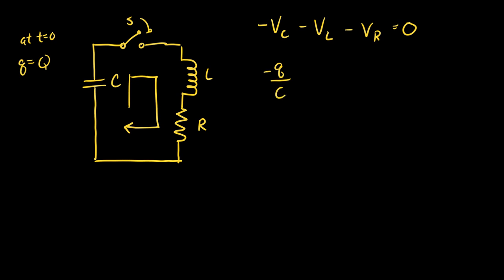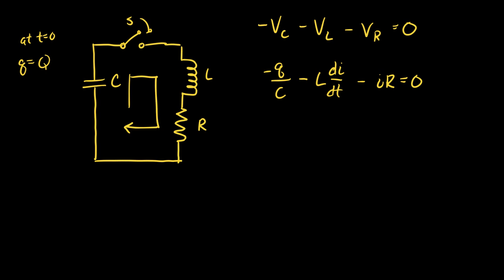This creates a Kirchhoff loop through the circuit. That would be a voltage drop across the capacitor minus a voltage drop across the inductor minus a voltage drop across the resistor, which all has to equal 0. We continue to follow the same pattern we followed yesterday. We'll have negative Q over C for the voltage drop across the capacitor, minus L di/dt for the voltage drop across the inductor, minus IR for the voltage drop across the resistor.